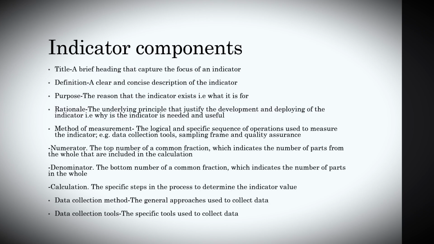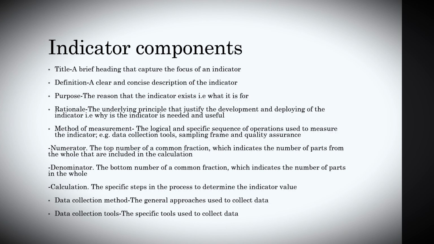Indicator components. What are indicators made up of? The first component of an indicator is the title. An indicator must have a heading that captures the focus of the indicator. An indicator must have a definition, which is a clear and concise description of the indicator.